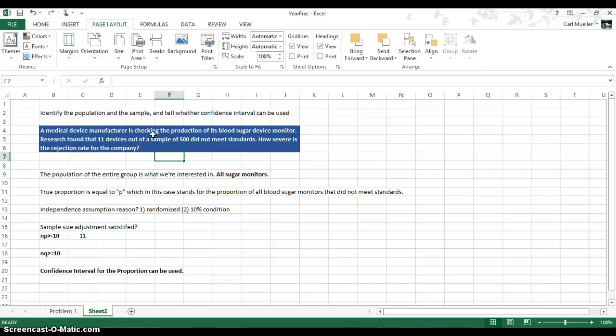The second point is the 10% condition. What that means is, does this sample contain about 10% of the population? If the sample contains more than 10%, there are issues. Let me explain a little bit. In a perfect world, you'd want to sample everybody to get the whole opinion.